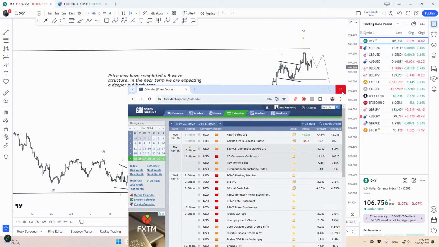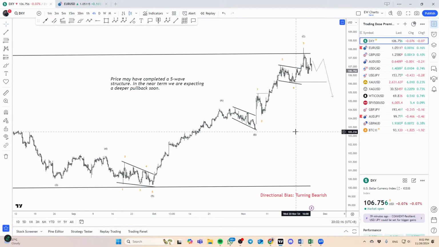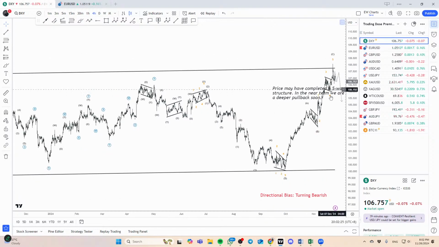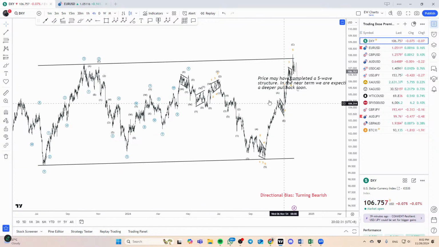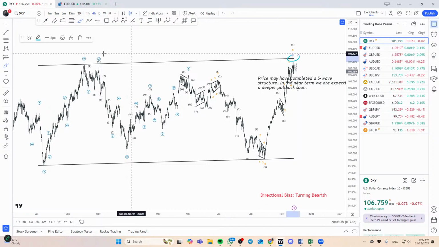Okay, so with that said, let me jump over to the charts over here. First up, talking about the dollar index. Right now, if I zoom out a little bit more, you can see on the biggest picture perspective, more like a daily scale here, we do have this channel, and of course, the market recently tested the top of this channel, and we had a minor reaction to the downside.